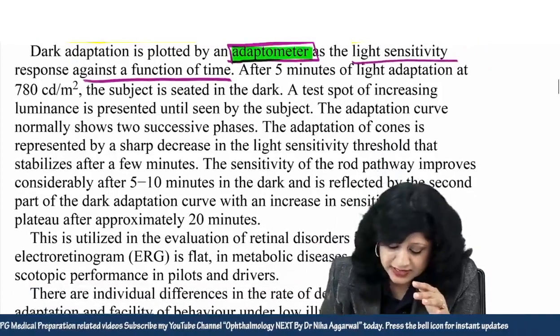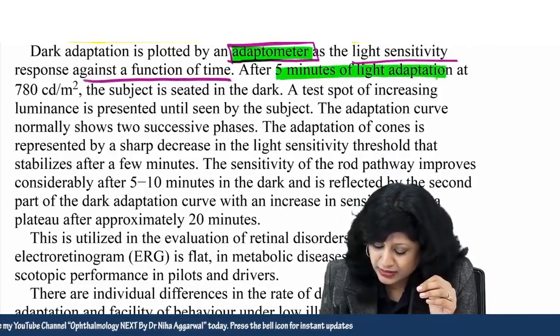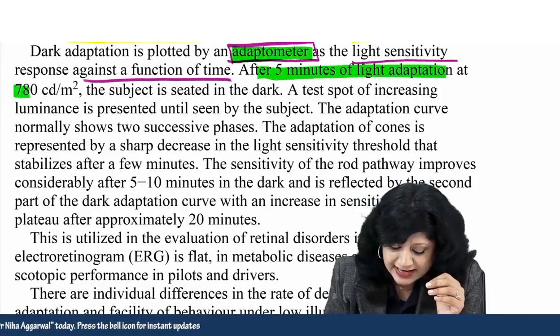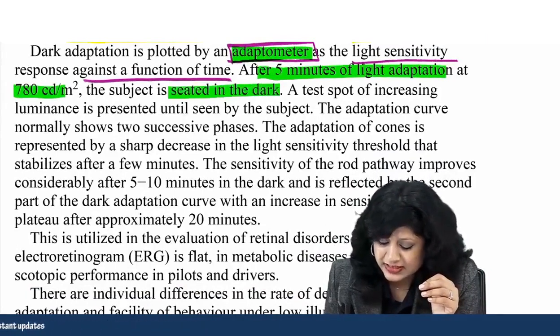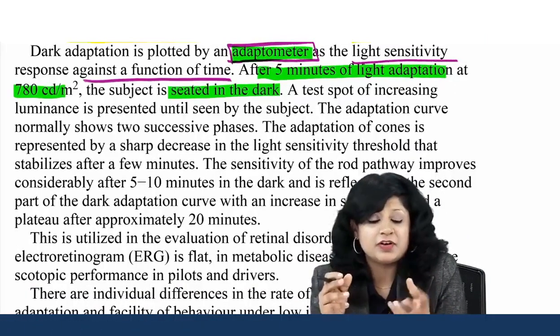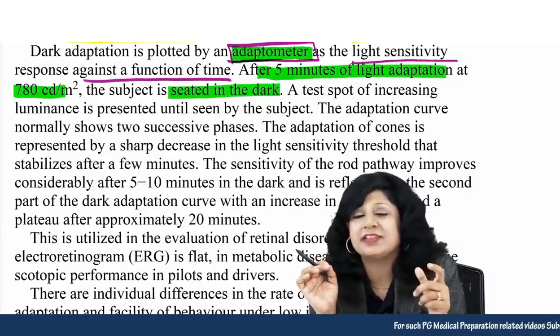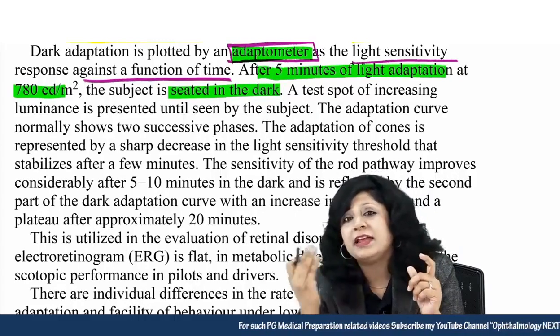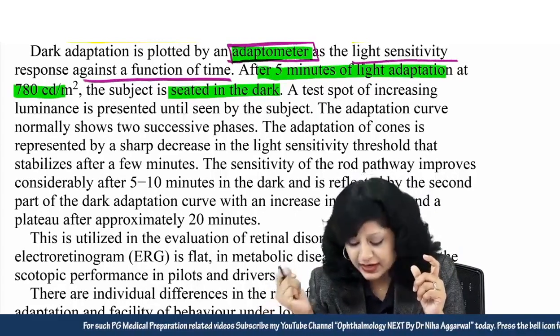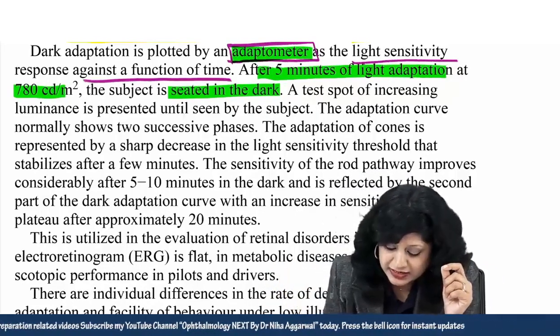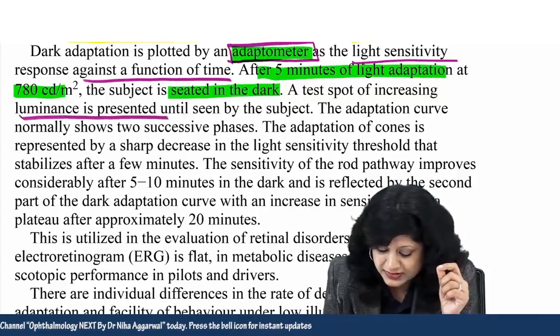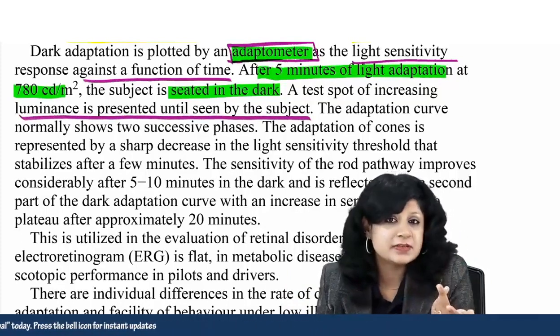After 5 minutes of light adaptation at 7:80, the subject is seated in the dark. So first I give the illumination to the patient of 7:80, and then we expose this patient to the dark conditions. A test spot of increasing luminance is now presented until it becomes visible to the subject.